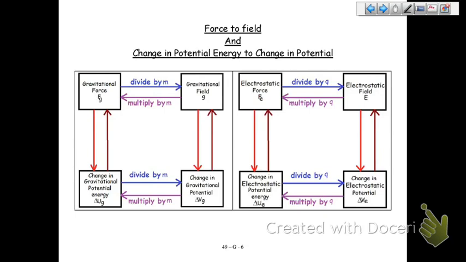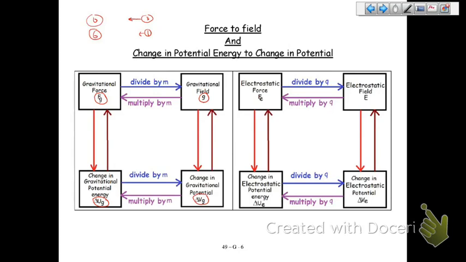So I thought we'd talk in terms of the gravitational force and the gravitational field and the change in potential energy and the change in potential, because there's a relationship between these things. If I want to go from a force and figure out what the field is, rather than having a 6 kilogram mass and a 3 kilogram mass and working out what the force is, I pretend I've got a 6 kilogram mass and a 1 kilogram mass and figure out the numerical value, because it's the force per kilogram.